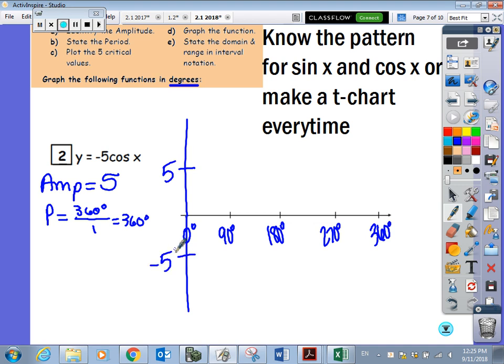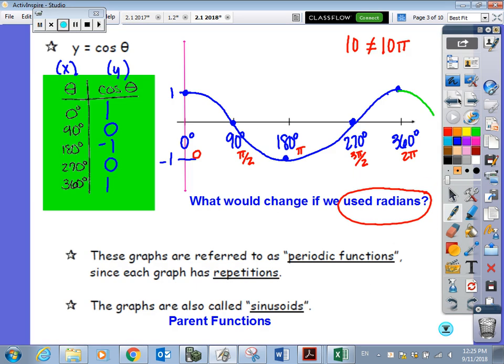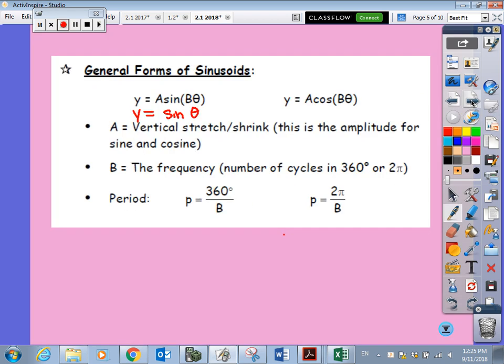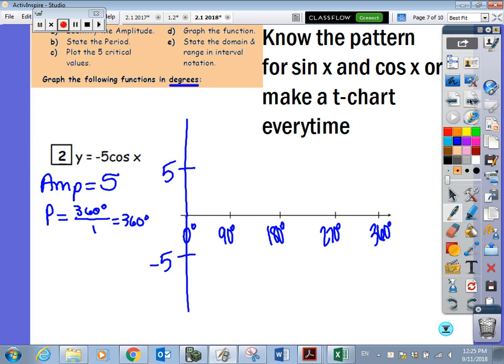Now, cosine. Again, if we know the pattern, look back at our cosine graph. So cosine: high, middle, low, middle, high, but it's a negative. So since it's negative, what do you think is going to happen to that high? It's going to be reflected over the sinusoidal axis. If I don't know that, how would I know that? Negative 5 cosine of 0 degrees.